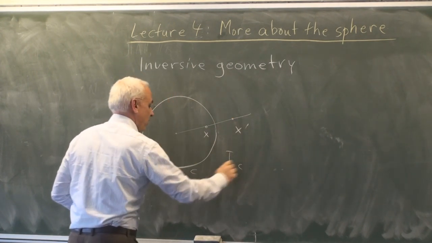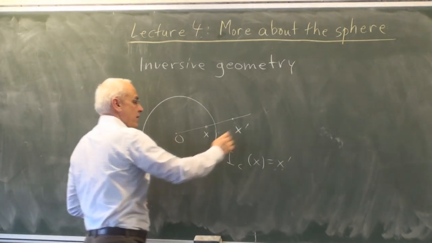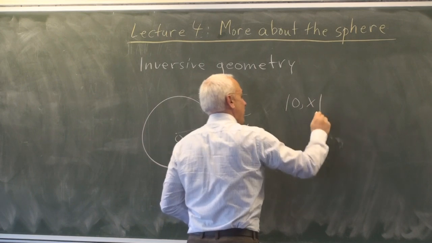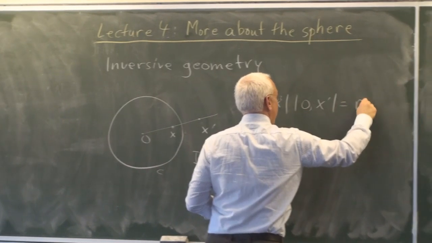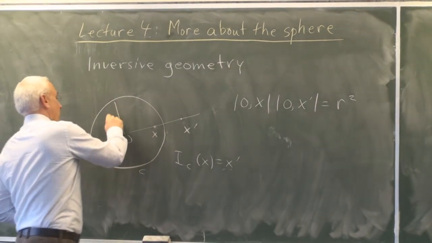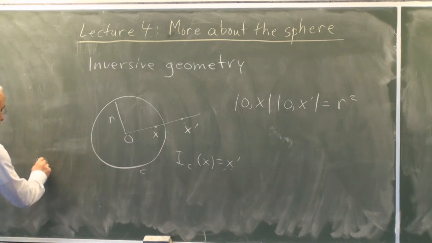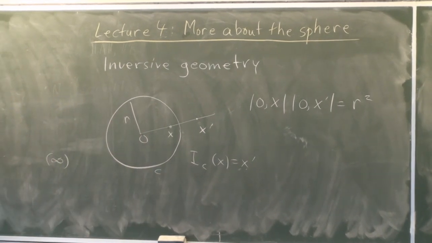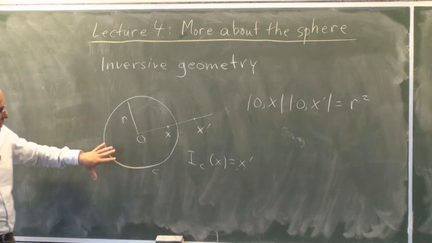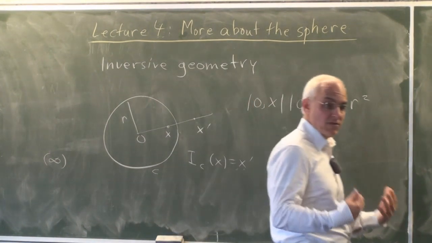So the inversion in the circle takes x to x prime with the property that the distance from O to x times the distance from O to x prime is the square of the radius of the circle. And to make that work, we needed to add an extra point at infinity off somewhere so that the origin, or the center of the circle, could get sent to the point at infinity. And now the ordinary Euclidean plane together with this point at infinity is the domain of inversive geometry.